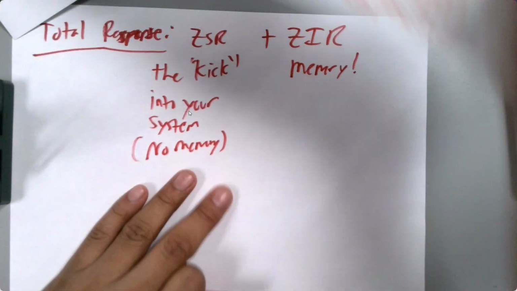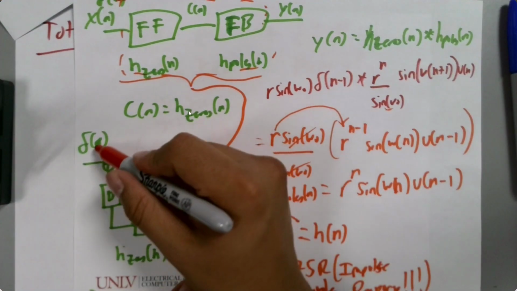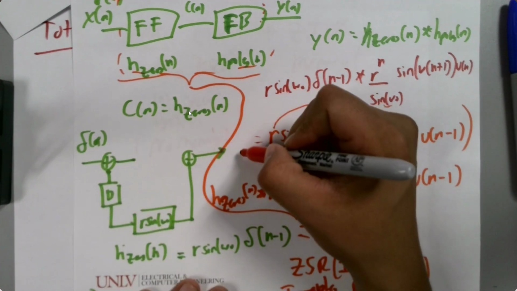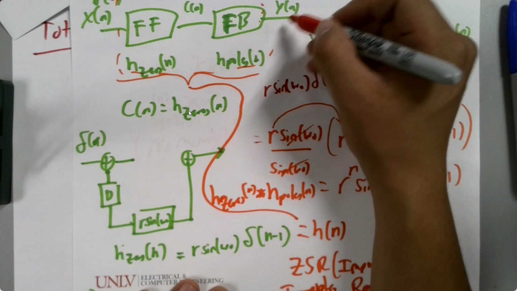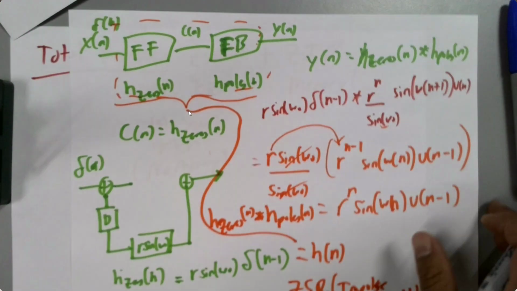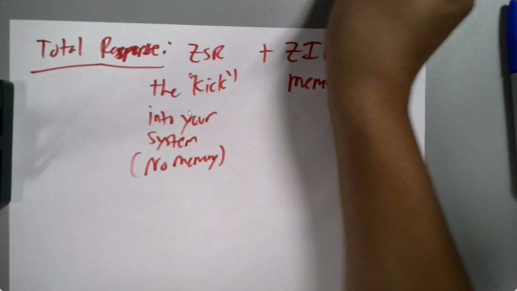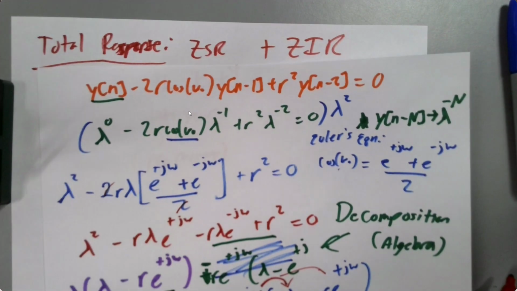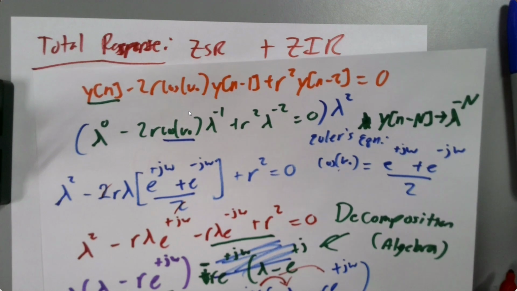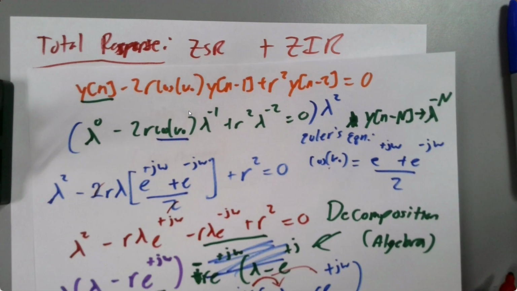So basically, if we have a 0 right here at the feed forward, 0 times this is 0, right? So all we're looking at is the auxiliary equations, which are defined as this. But for the ZIR, this is something Dr. Stuber will give you. He's going to give you a memory.